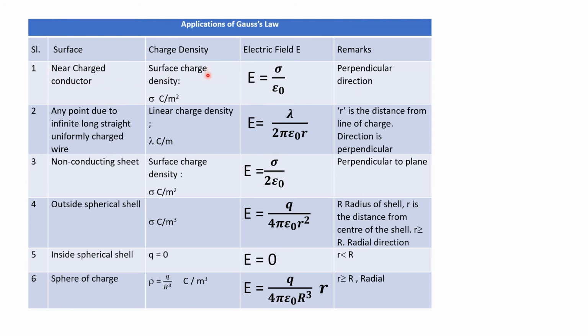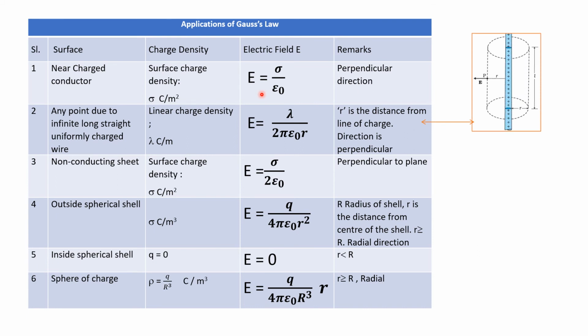Charge density is given by sigma coulombs per meter square. Electric field intensity in this case is E equals sigma by epsilon naught, that we have proved in the previous section, and E is directed perpendicular to the surface.